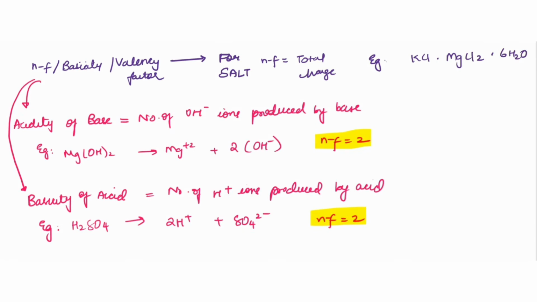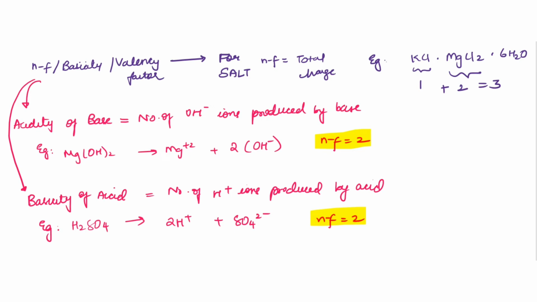Now, what is the n factor of this salt? KCl has a valency 1 and MgCl2 has valency 2. So the total charge is 3. So this 3 becomes the n factor or valency factor of the given salt.